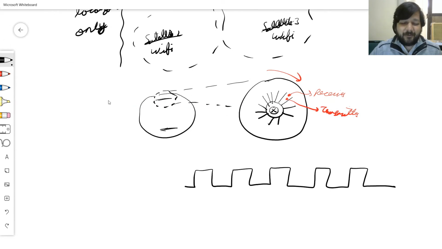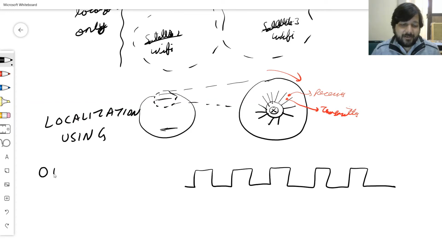And this way of calculating position is also called localization using odometry, or using motion models.